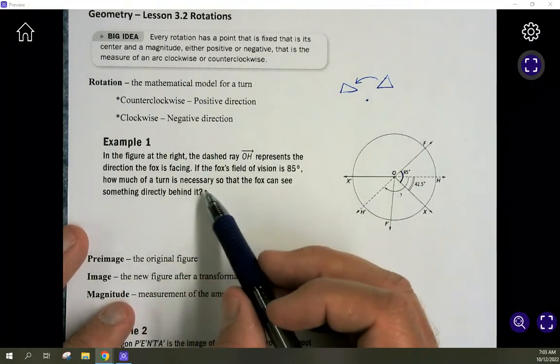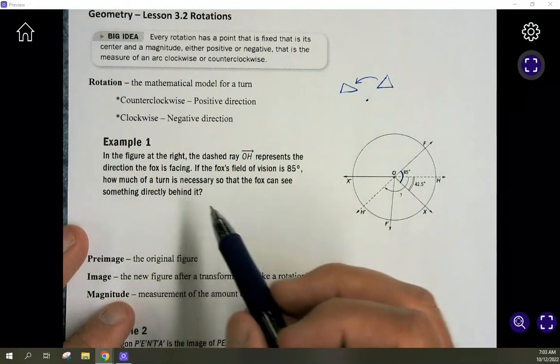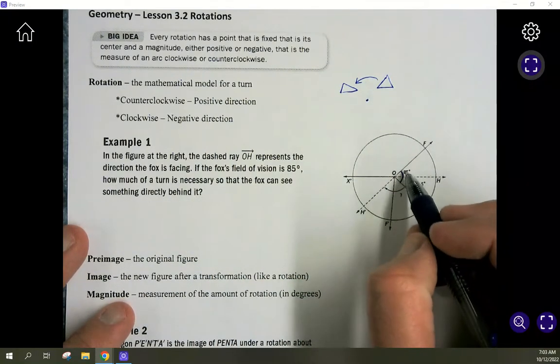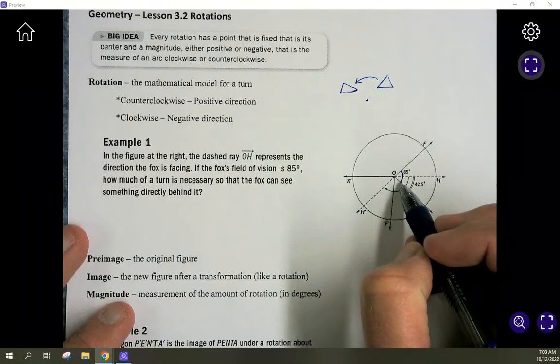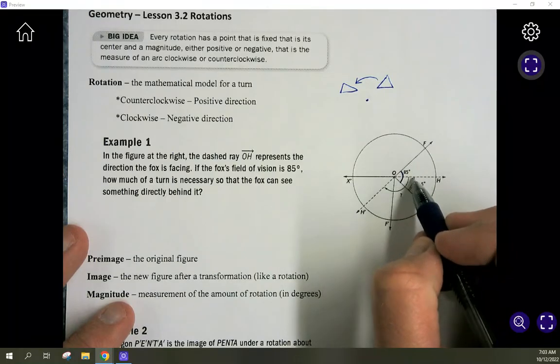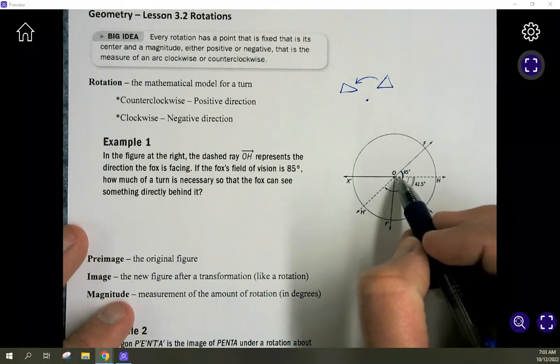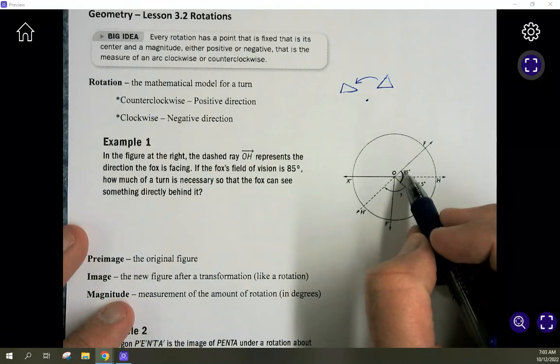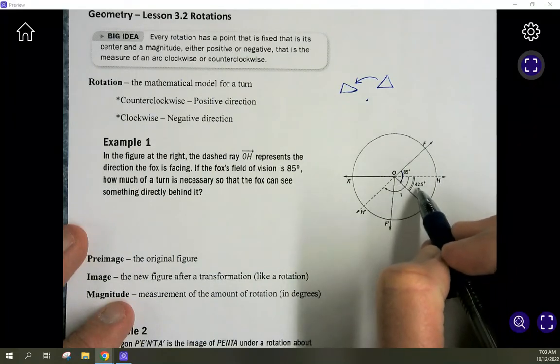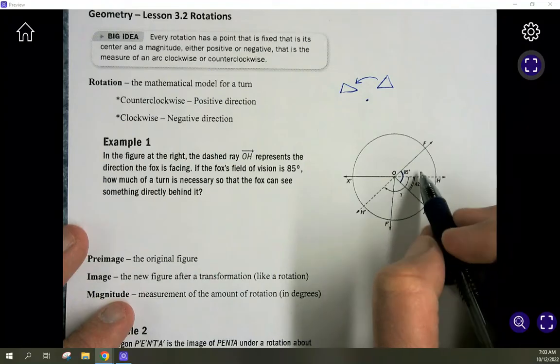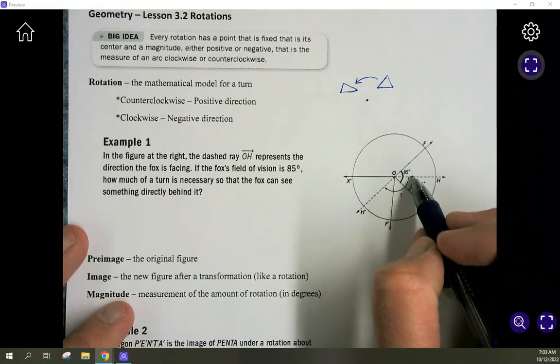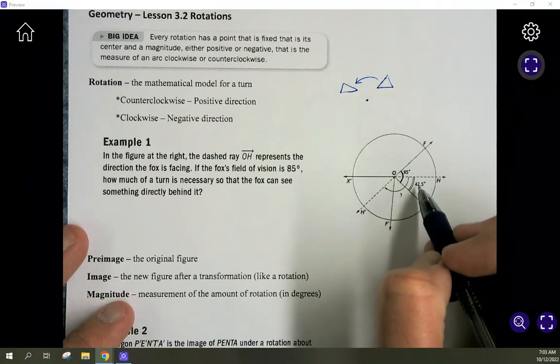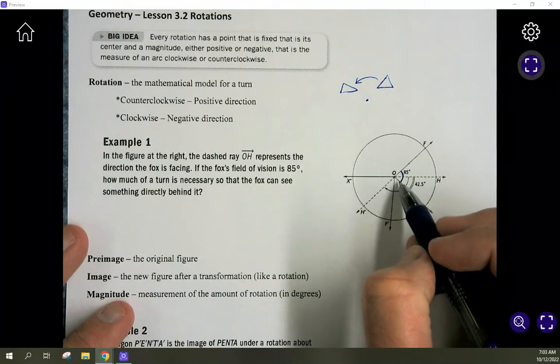So how much of a turn is necessary so that the fox can see something directly behind it? So if this whole thing is 85 degrees, we can split it into two pieces. This ray, OH, is splitting the 85 into two pieces, and you can see it right here. It's 42.5. That means this over here is also 42.5, and if you add those together, you'll get 85.